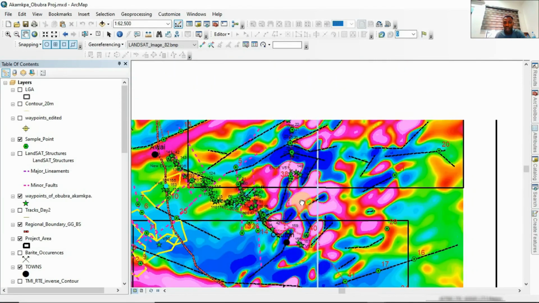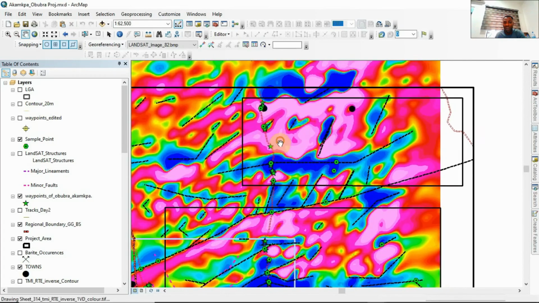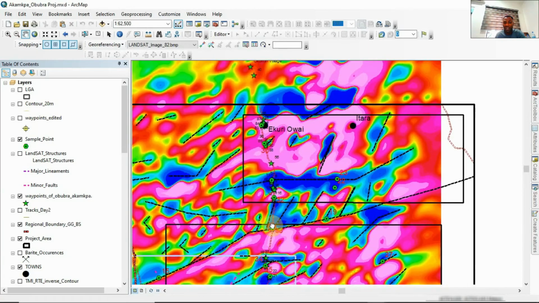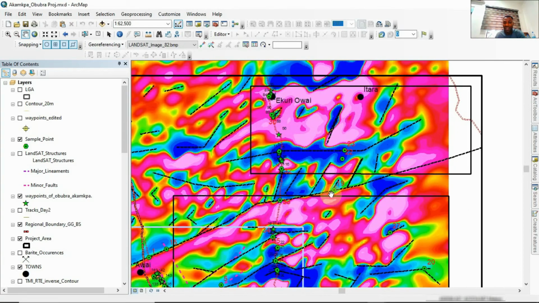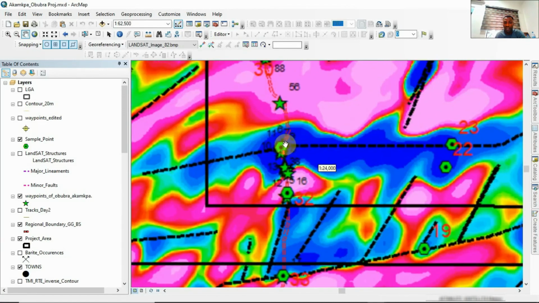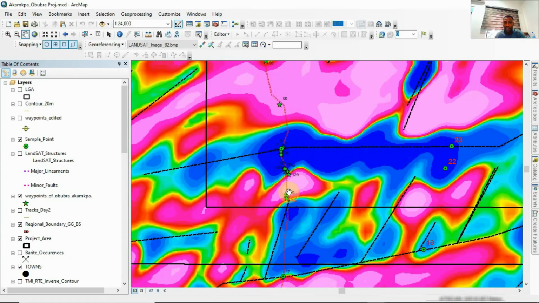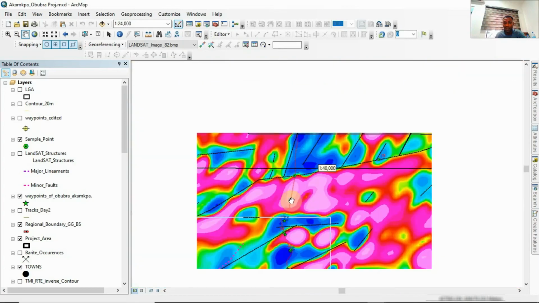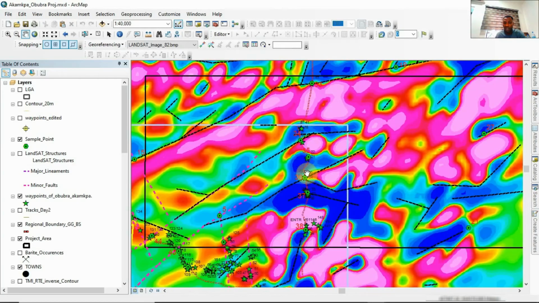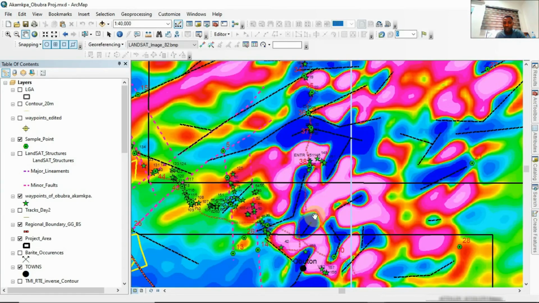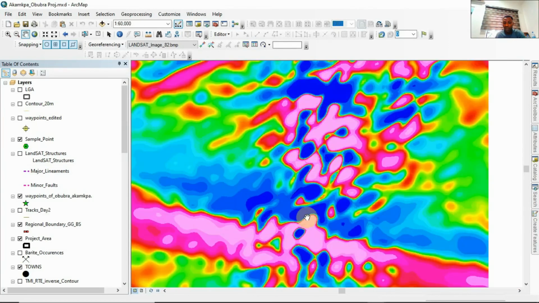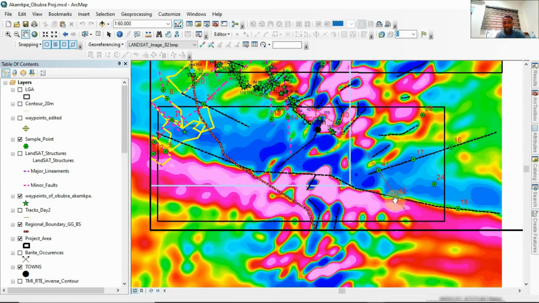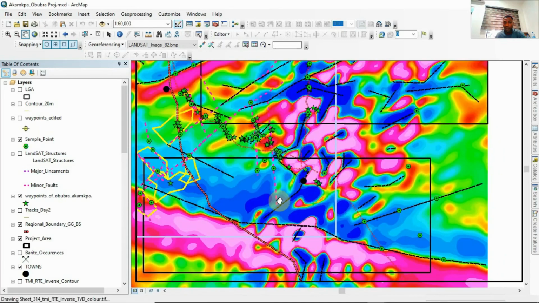Now we tried to verify these rock units in the field and see if they actually exist. If you look at these points, this is where some of the data were collected in the field. This is the track road. You can see this also.